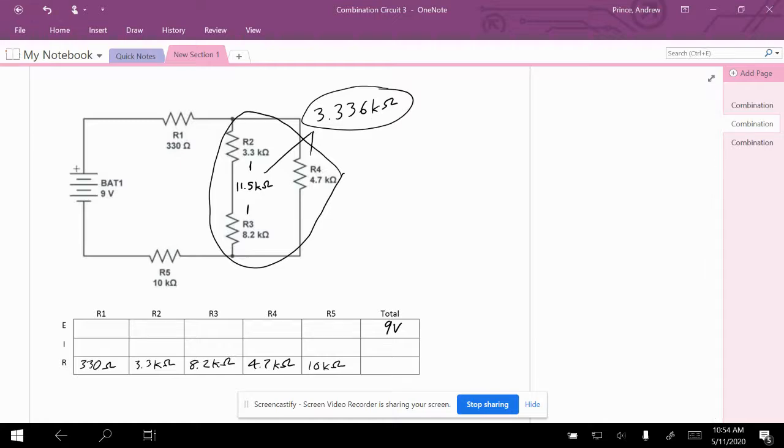So we take 3,336 ohms plus 330 ohms plus 10,000 ohms, and that gives us a grand total of 13,666 ohms. If we divide 9 volts by that total resistance, let's see what we get.